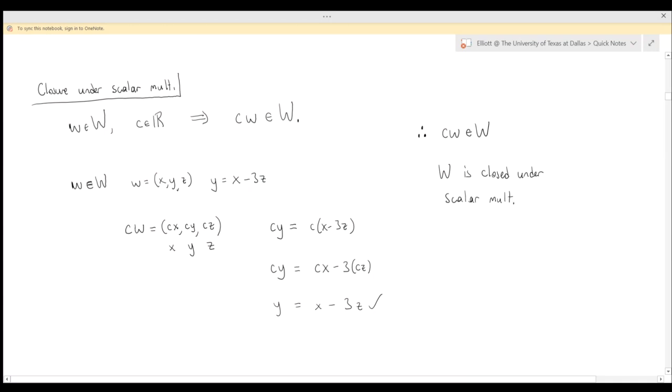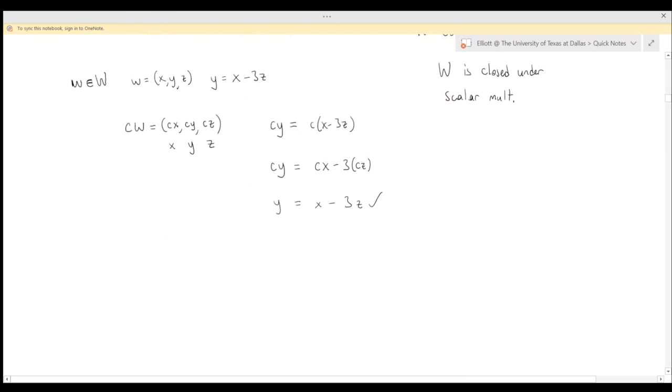Finally, because it's closed under addition and scalar multiplication, we can conclude that W is in fact a subspace.